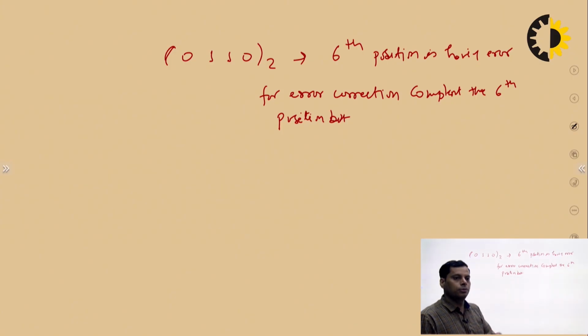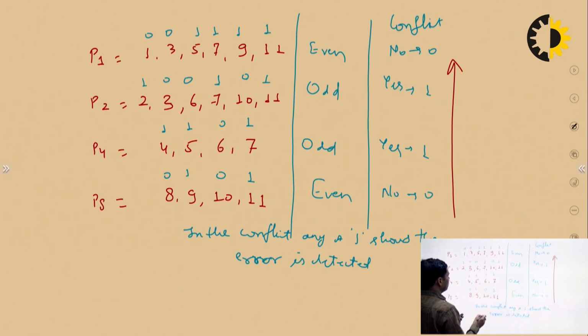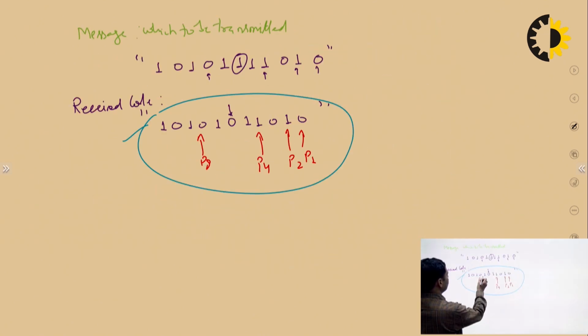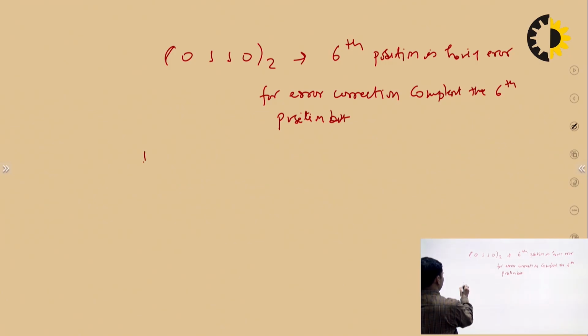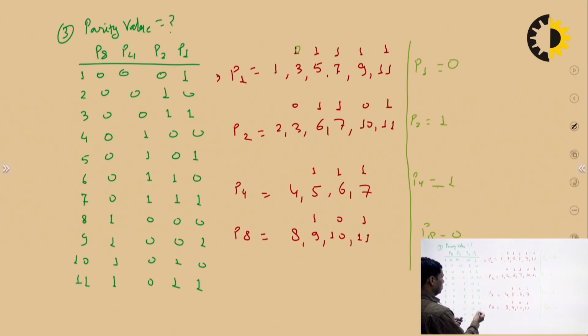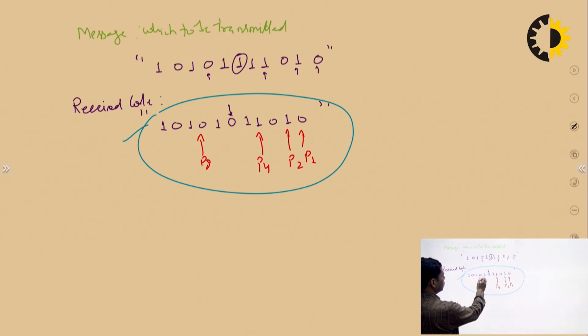That means 1 should become 0 or 0 should become 1 here. So the message received is 1 0 1 0 1 1 0 1 0 1. The 6th position is where the error was detected.